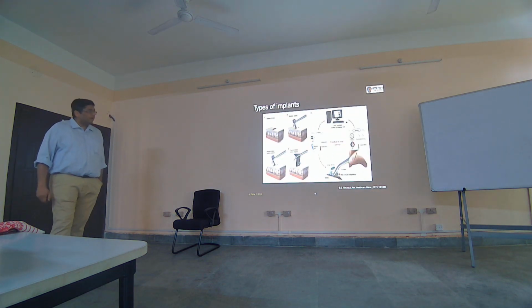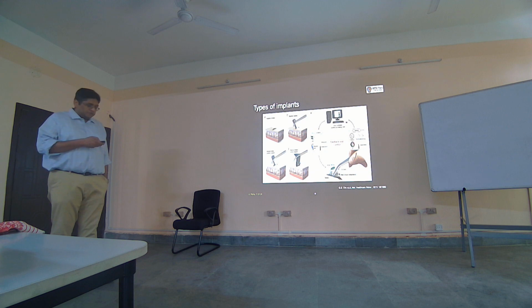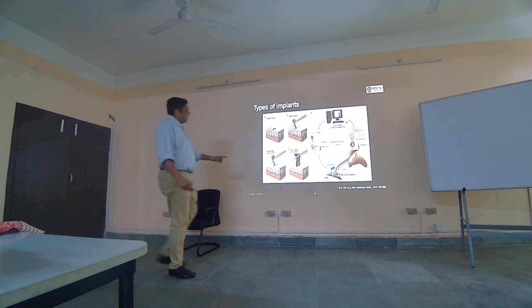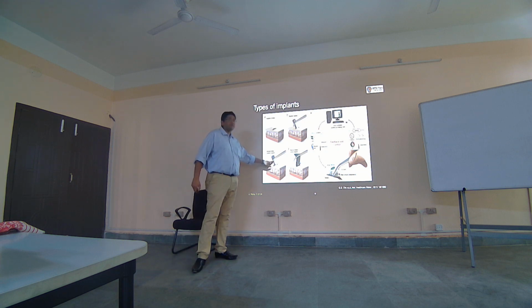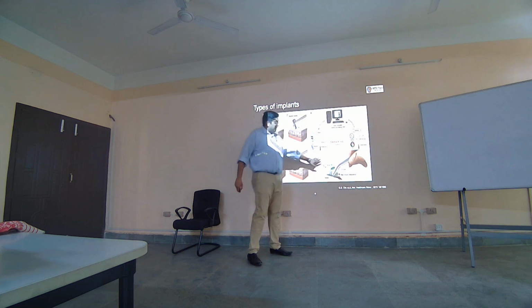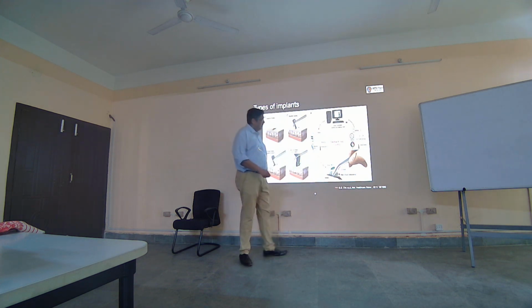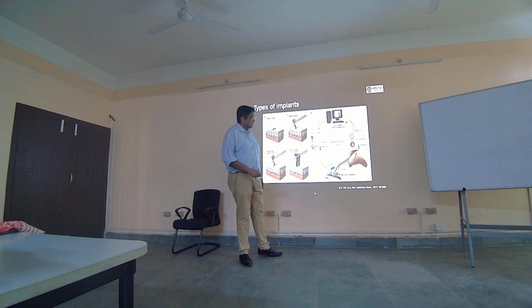So here are some of the implants. The way we do a bio-inert implant is, you create an incision in the body and you stick the implant in. A bioresorbable implant would be essentially something which can get decomposed in the body. Ideally, we want something like this. We want an implant which is stuck into the body. It has an actuator, it has other circuit components, it has an energy device.